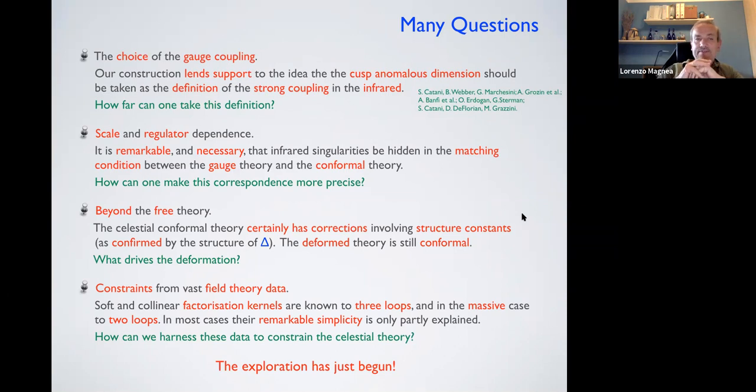One is the fact that this factoring front is an average over scales of the cusp anomalous dimension. Now, one can simplify the correspondence a lot if one does something that a lot of people have argued for, namely that the cusp anomalous dimension should actually be used as a definition of the coupling in the non-abelian theory.